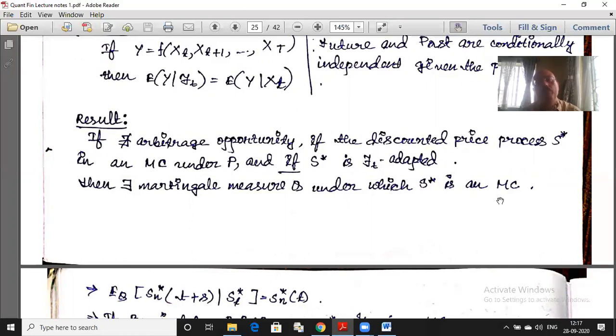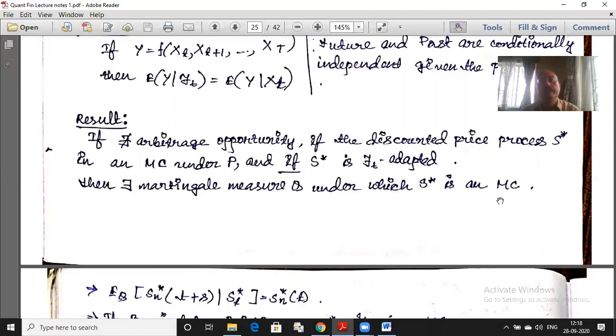So the Markov chain property is transferred to under Q, because we started out assuming that it is a Markov chain under P, but if there are no arbitrage opportunities and A star is FT adapted, then A star will also become a Markov chain under the suitable martingale measure Q.